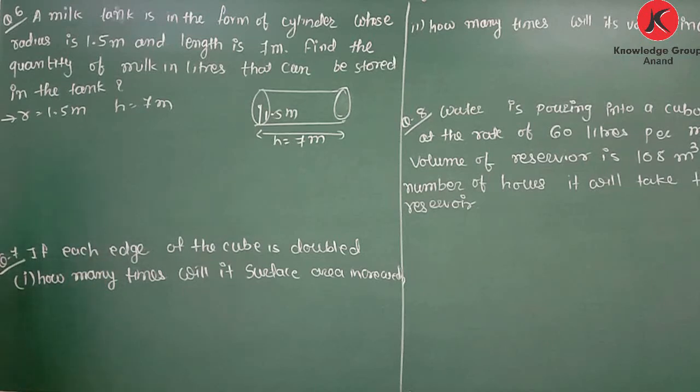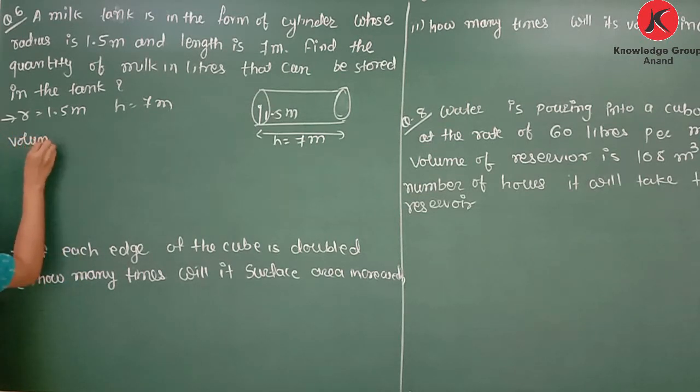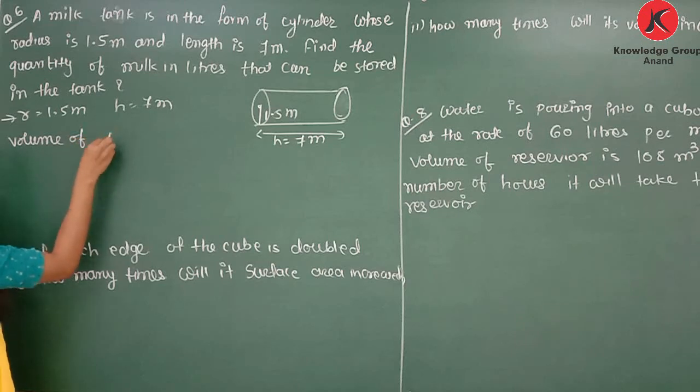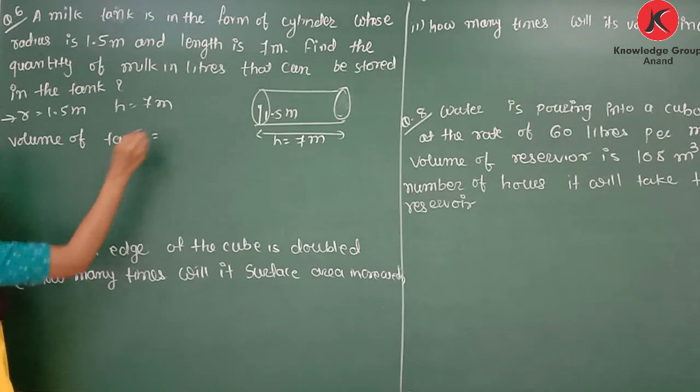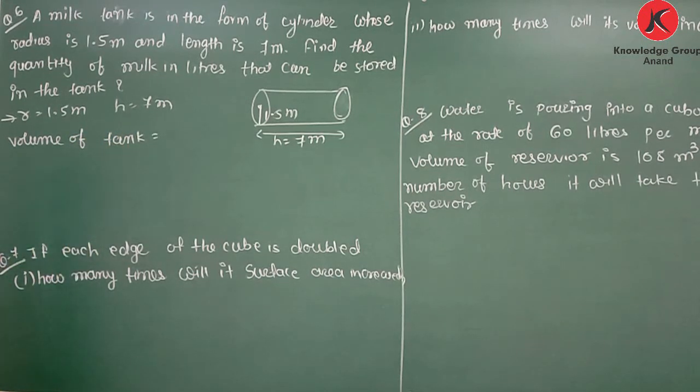Now we need to find the quantity of milk in liters that can be stored in the tank. So first of all we need to find the quantity of milk in meter cube. Then we will convert it into liters. So volume of the tank, whatever volume is there, that will be the quantity held in the tank.